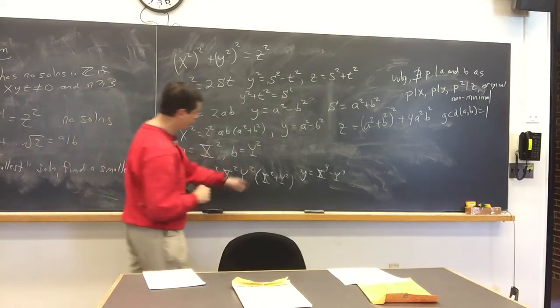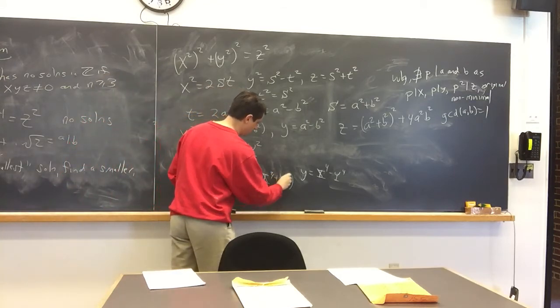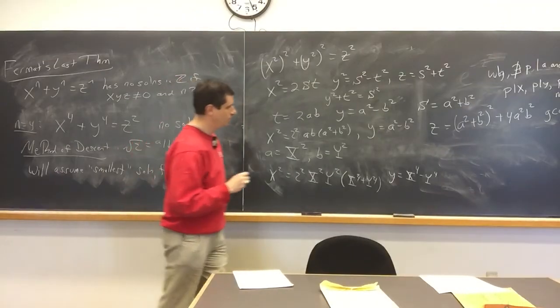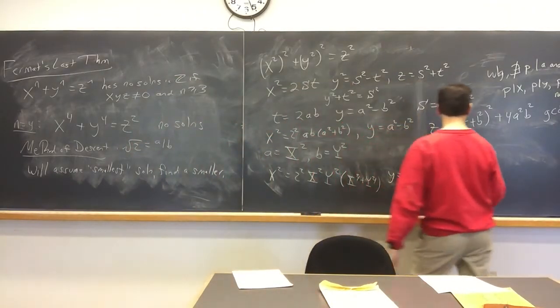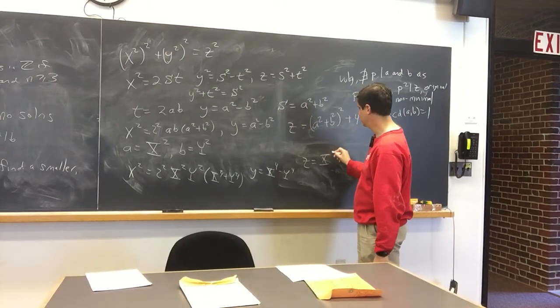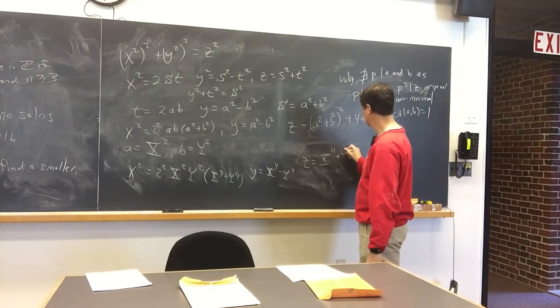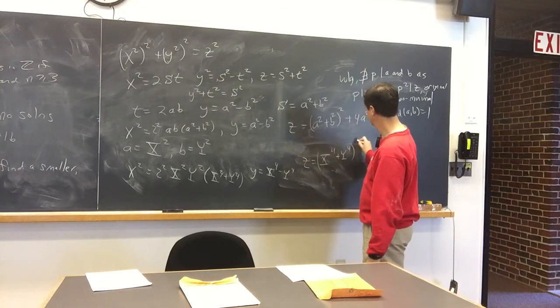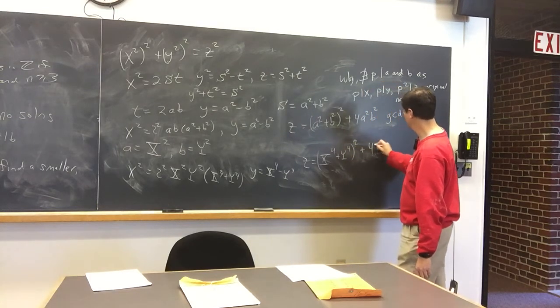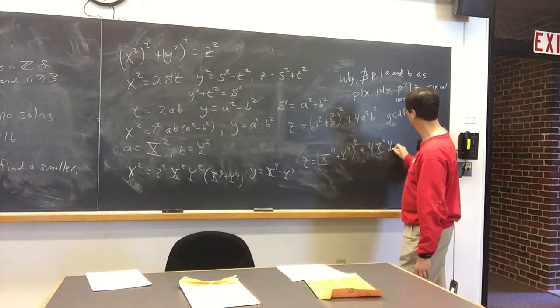Oh yeah, I was going to say this should be x to the fourth plus y to the fourth. Thank you. Y will be x to the fourth minus y to the fourth, and then z will be x to the fourth plus y to the fourth, no, squared, sorry, squared, plus 4 x to the fourth y to the fourth.